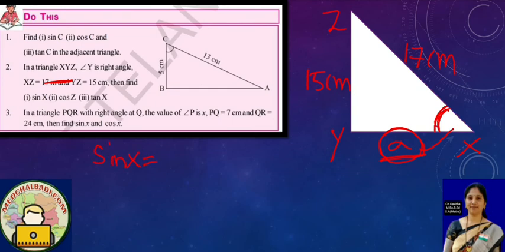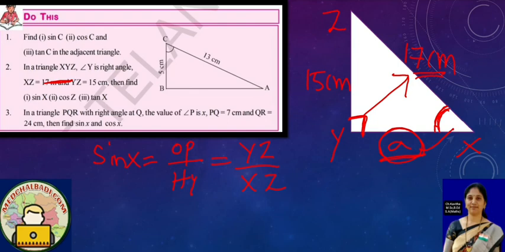Based on X we are writing, so that is opposite by hypotenuse. You have to write what is the opposite side, that is important here. Based on X, YZ becomes the opposite, and the hypotenuse is always opposite the right angle, so XZ becomes the hypotenuse.